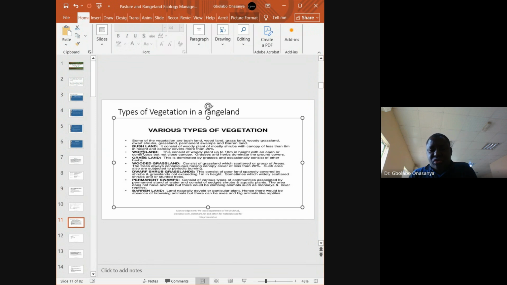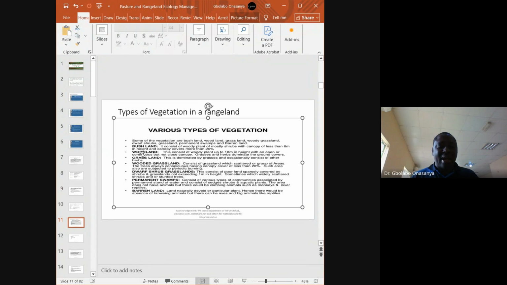So we can choose a specific type of vegetation for livestock production. And let's choose grassland. We have wooded grassland, we have permanent swamps, we have barren land.